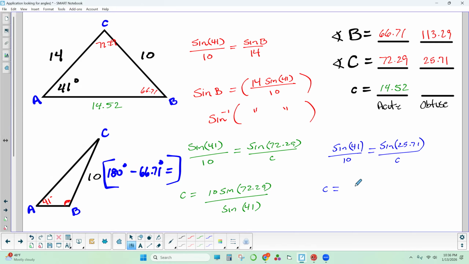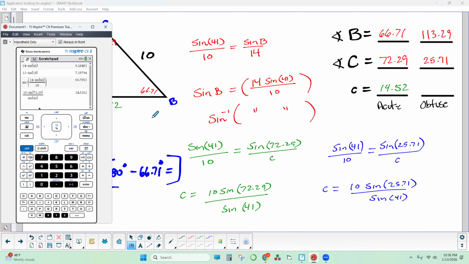So now we are going to solve for C. C is equal to 10 times sine of 25.71 divided by sine of 41 degrees. And let's go ahead and put that in our calculator here. Let me clear this out. All right.